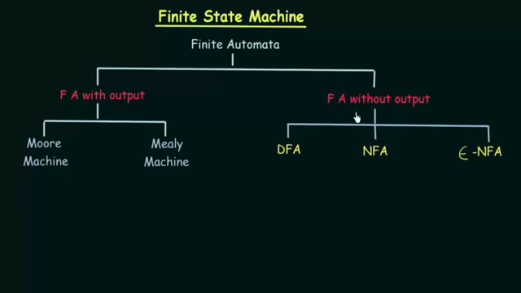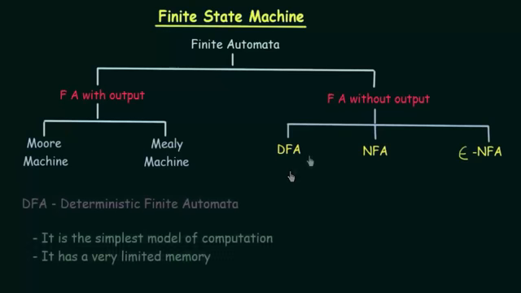And in finite automata without output, we have three categories, namely deterministic finite automata or DFA, non-deterministic finite automata or NFA, and epsilon non-deterministic finite automata or epsilon NFA. Alright, so in this lecture we will be mainly focusing on deterministic finite automata or DFA.